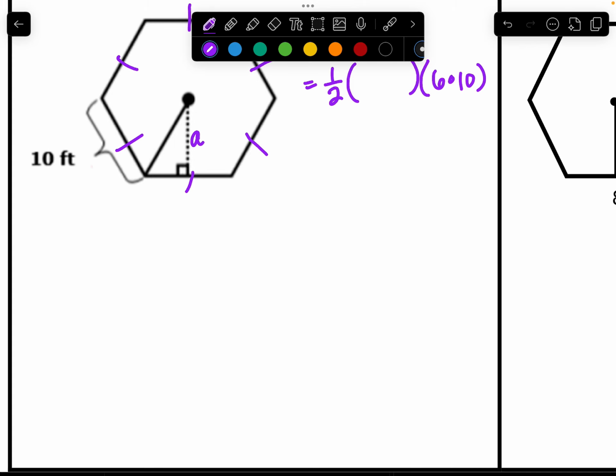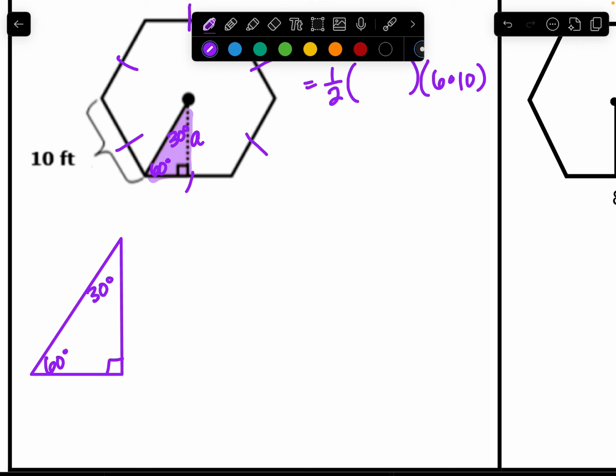Okay, this is a right triangle here, so we can use some right triangle rules, some trigonometry if you would, to find the measure of angle A. Since this is a hexagon, I know that this is 30 degrees. I know that this is 60 degrees. Okay, so this is 60 degrees.